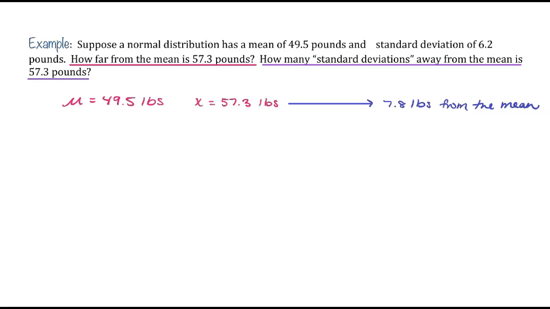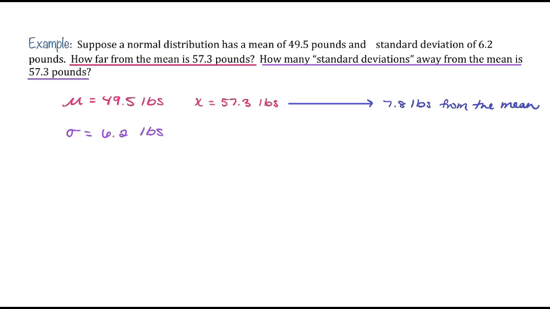We first found how many pounds our data value was from the mean, but now we need to find how many standard deviations our data value is from the mean. We are given that the standard deviation is 6.2 pounds. So our data value of 57.3 pounds is more than one standard deviation above the mean. But exactly how many standard deviations above the mean?